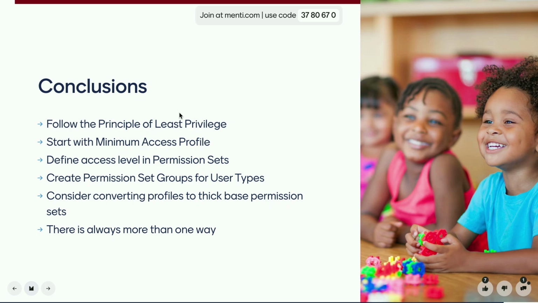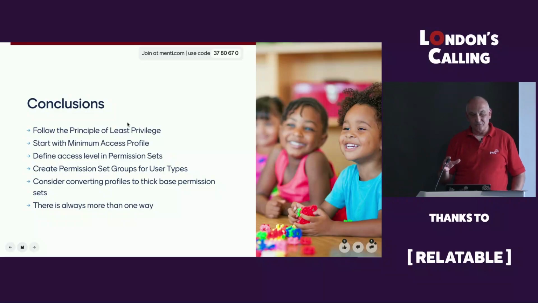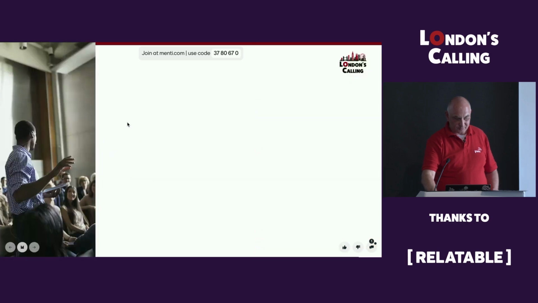You start with minimum access profile if you are not in an existing org, yes. Create permission set groups for user types. If you have an existing org and you want to migrate away from profiles, consider converting these profiles to thick-based permission sets and then build on top of this. And there is always more than one way.